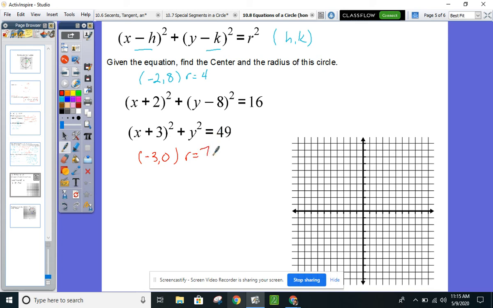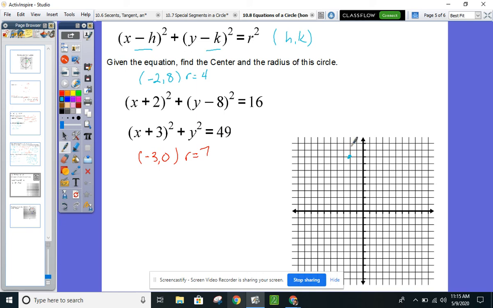I want to practice graphing these so we can see them. The best way to graph these is just getting these two things. So we got -2 and then a +8. 1, 2, 3, 4, 5, 6, 7, 8. Okay, so that's our center. Best way to do this is to graph 4 points from your center, at a distance of the radius.